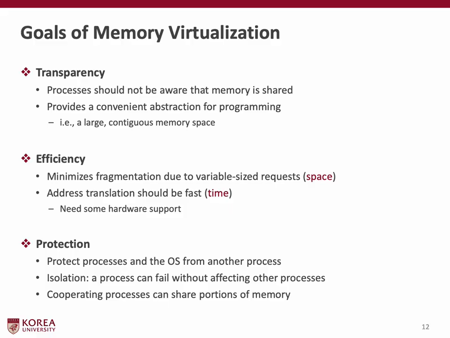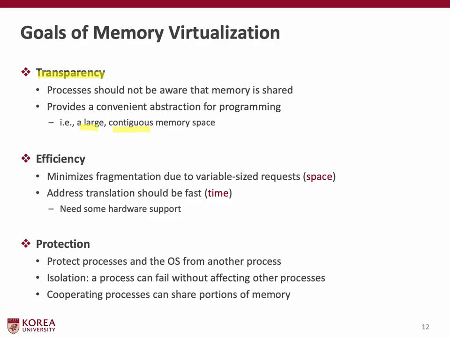Alright, now let's talk about goals of memory virtualization. There are three main goals. The first one is transparency. Basically, processes shouldn't have to know that memory is actually shared among many programs. From a programmer's point of view, it should just look like the process owns a large, contiguous memory space by itself.